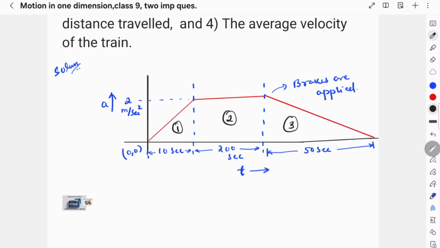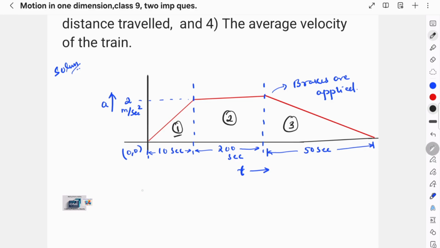So now let's take the first part, which is marked here. The train is starting from 0 and for 10 seconds it is moving with an acceleration of 2 meters per second square.